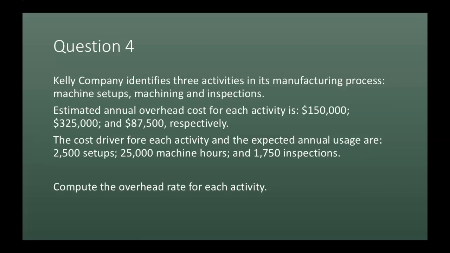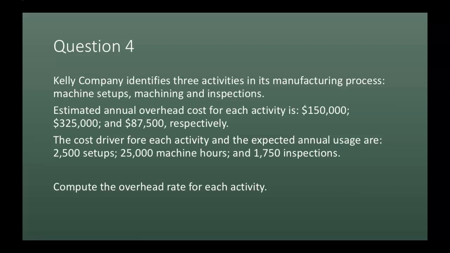So now we can take a look at question number 4. So question 4 says Kelly Company identifies 3 activities in its manufacturing process: machine setups, machining, and inspections. Estimated annual overhead cost for each activity is $150,000, $325,000, and $87,500 respectively.